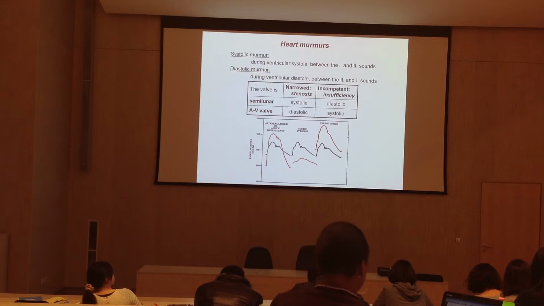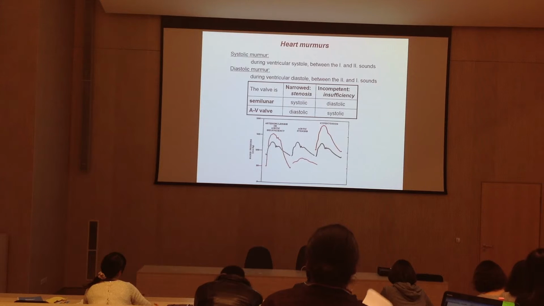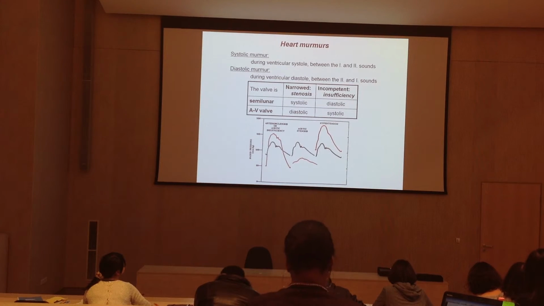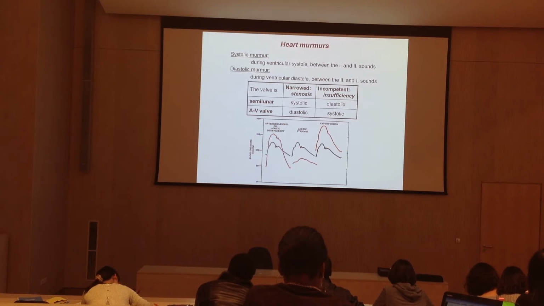Let's just remain at the aortic valve. The aortic stenosis, the valve has a smaller diameter, therefore the pathway through which the blood is ejected towards the aorta is smaller, and the smaller valve increases the peripheral resistance.